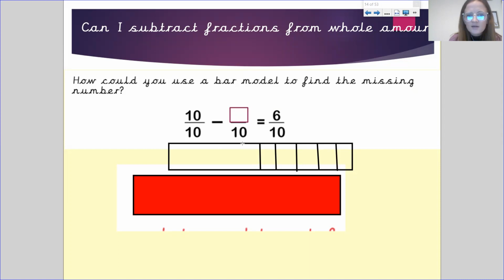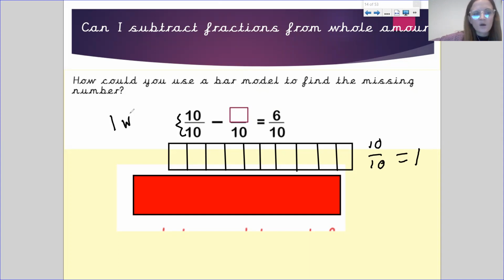And we can do the other side. 1, 2, 3, 4, 5. So from this, I can see that I have got 10 parts, 10 tenths, which makes 1. So this question here, this is actually one whole. 10 tenths is equal to one whole.